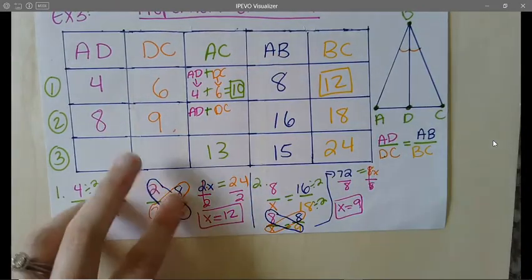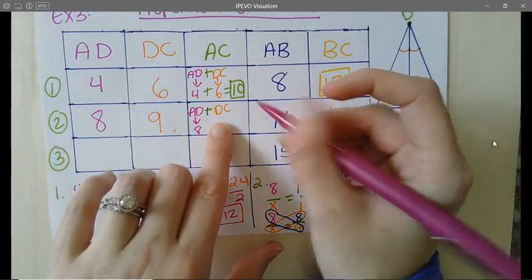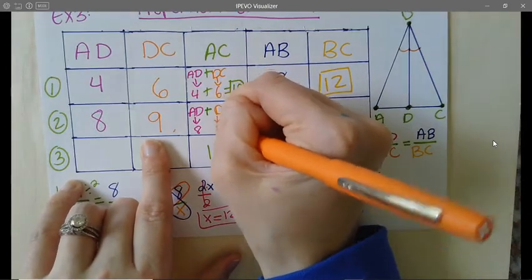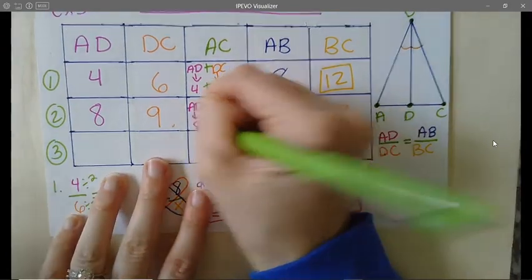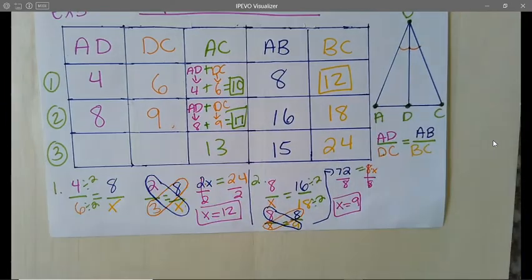Okay, which A to the D is 8. And D to the C is 9. All right, you guys, and guess what? 8 plus 9 gives me 17. So I now know AC is 17.